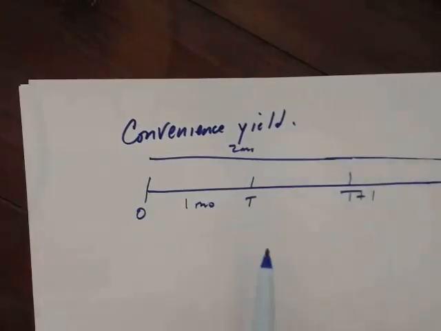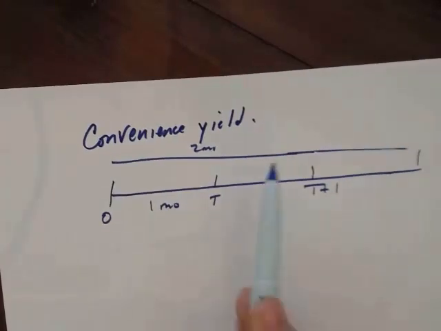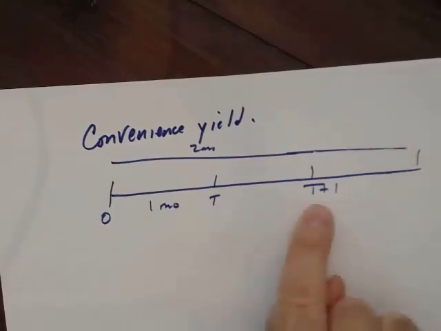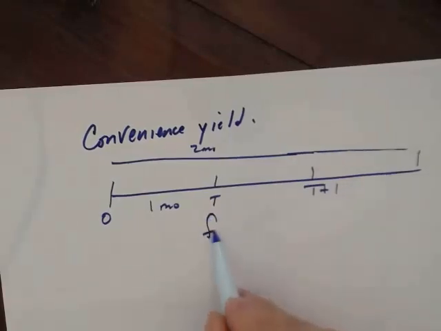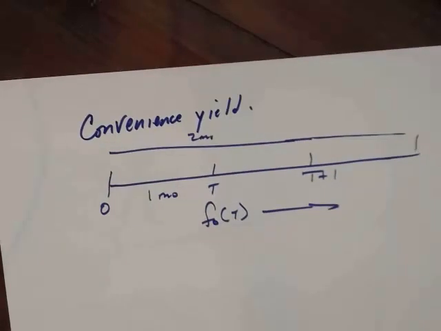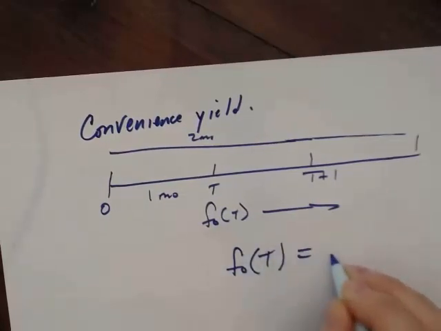So what people have noticed empirically is that the futures price associated with delivery at time T here is higher than the one here and here. In other words, the futures price actually goes lower as we go in this direction, further out in time. That flies in the face of this cash and carry formula, right?